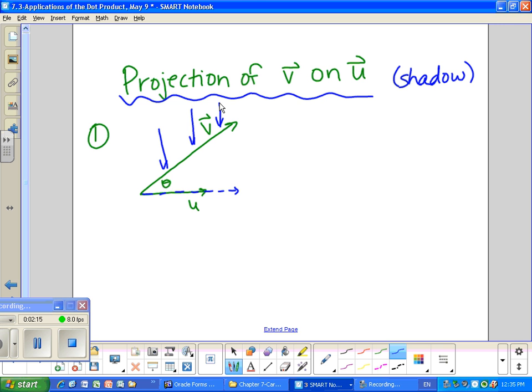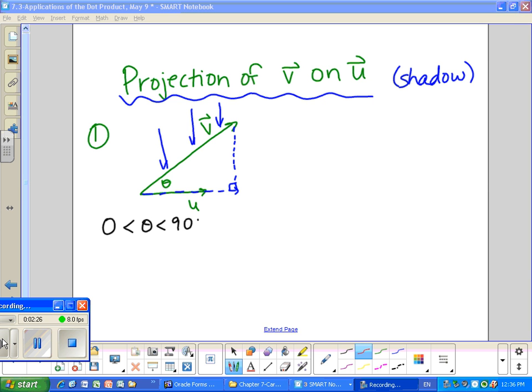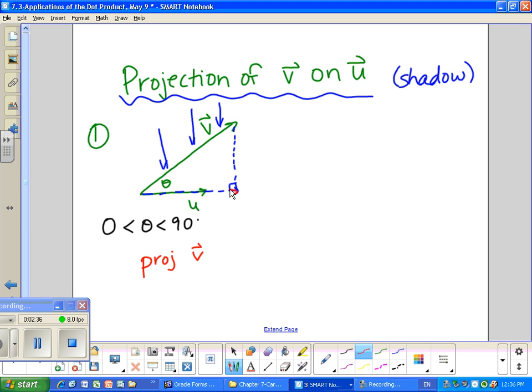Now, this is only the case when our theta is between 0 and 90. So if you had to find the magnitude of this dotted line, this shadow right here, the formula you would use is the projection of V onto U, and you're finding the magnitude. It will be the magnitude of V times cos theta.